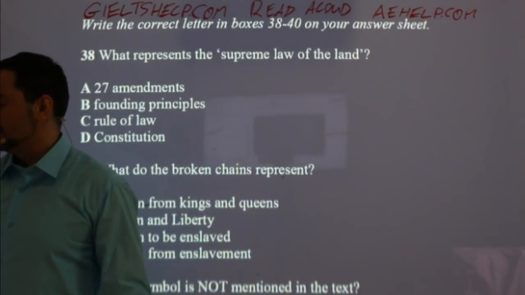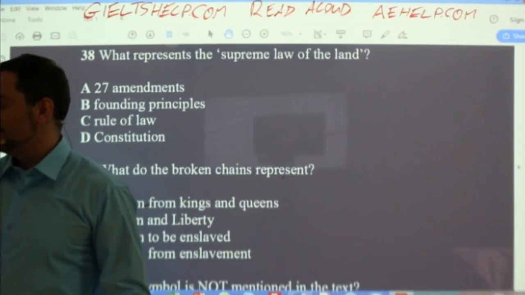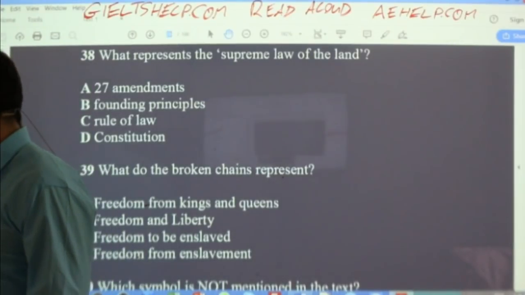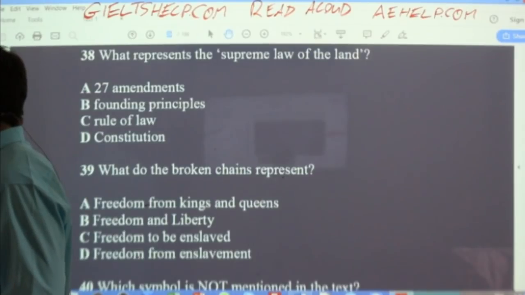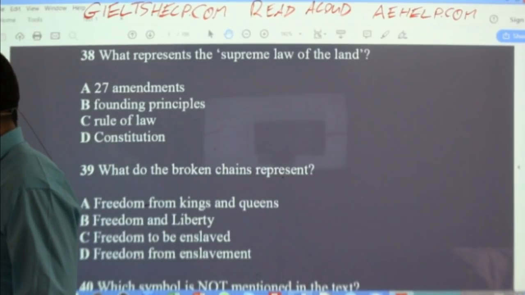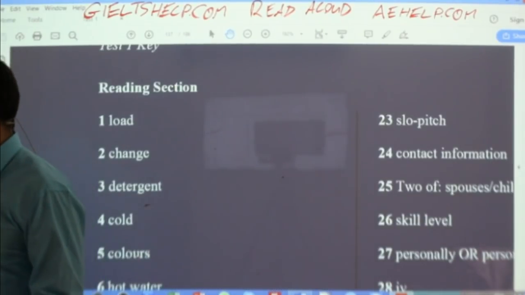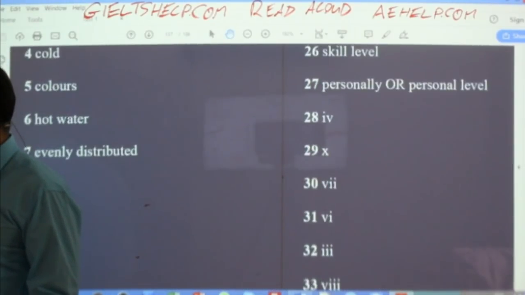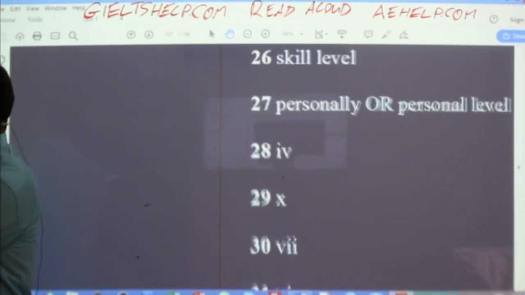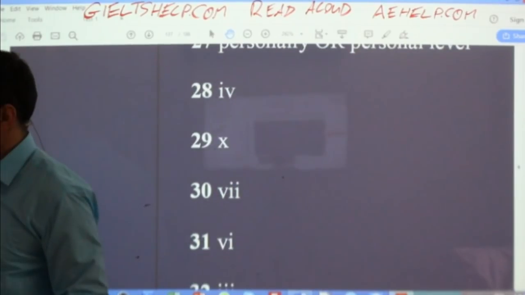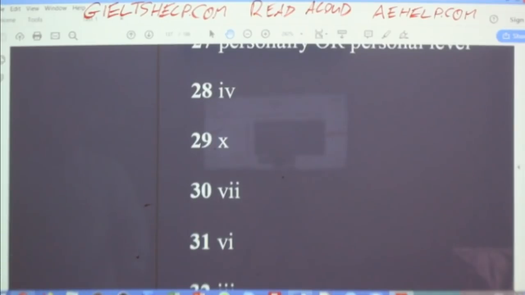All right, students, there you have it. Let's take a look at the answer key. And here is the answer key for this reading. So 28 is 4.